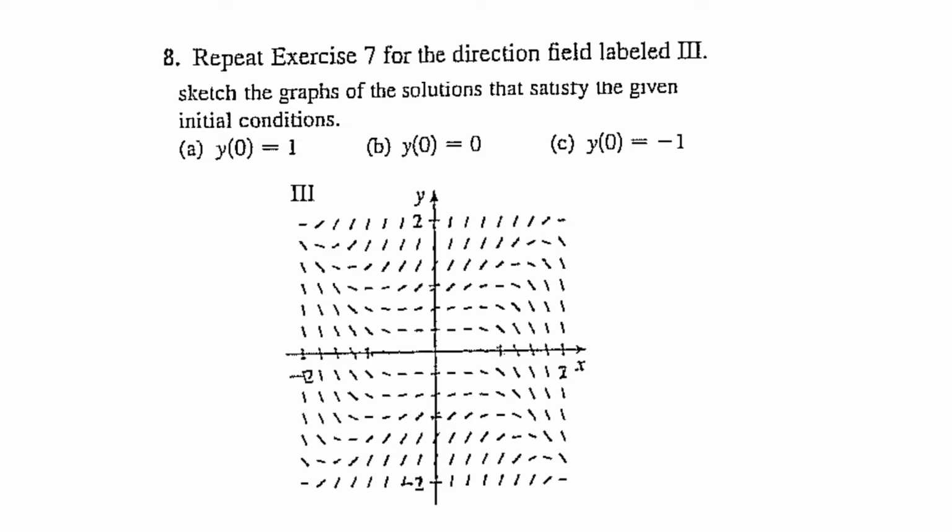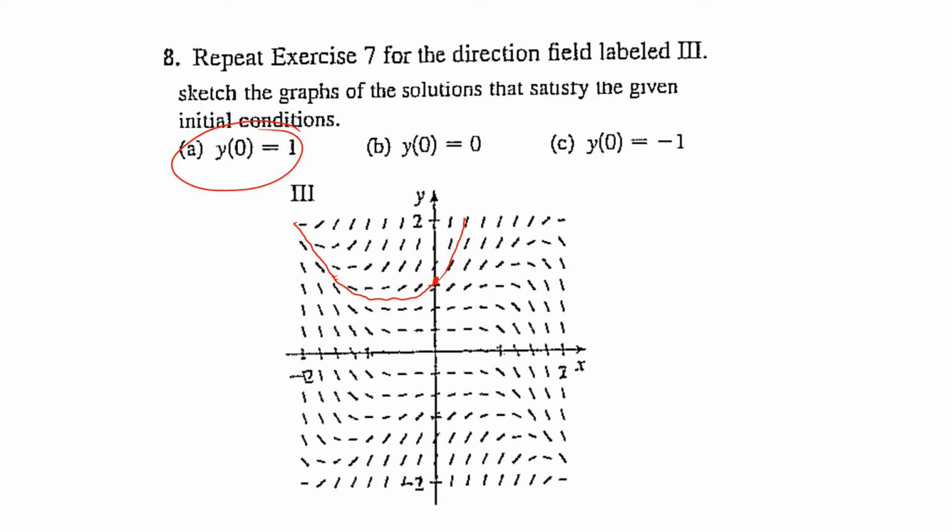So I'm going to be working on this one. When x is 0, y is 1, so I'm going to start here, moving to the right. I can see that I've got a steepness like that. Moving to the left, I'm just being corralled and moving up in that sort of direction.